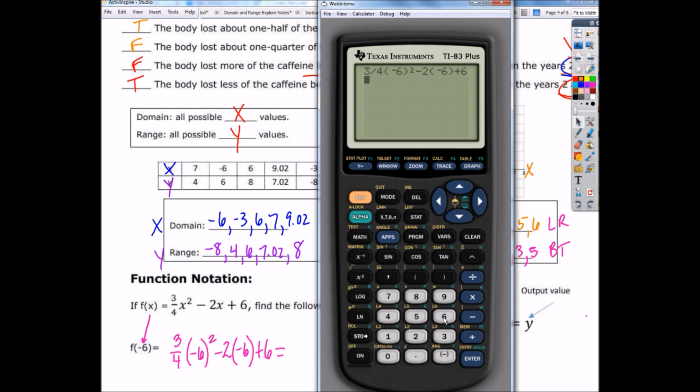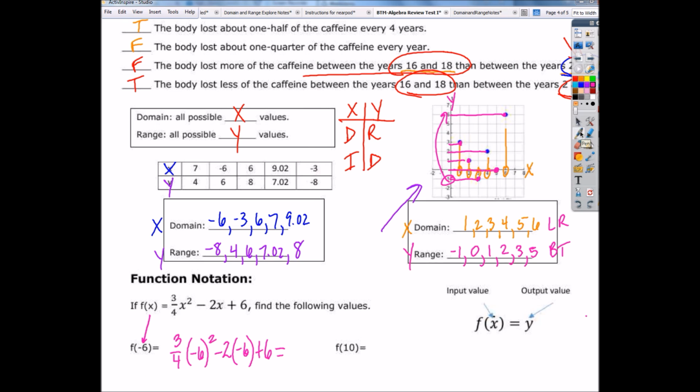I check to make sure I put that in right. Make sure your negatives and your minuses are different. Negative is always just chilling by itself. The minus is being taken away from something. Just simply press enter, and bam! My answer is 45. So if you got 45, that is awesome.